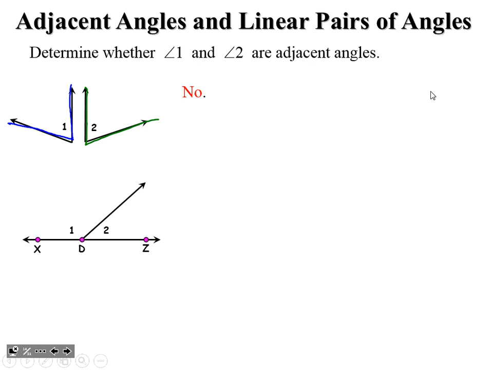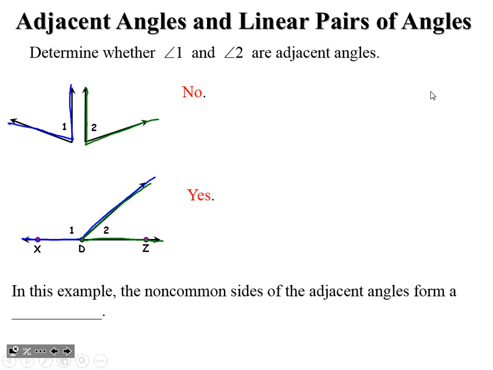What about this one here? We look at angle 1 and angle 2. The green and the blue cover the same line, which means that they are adjacent.